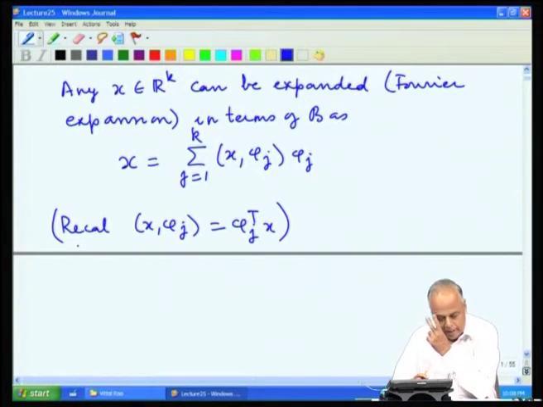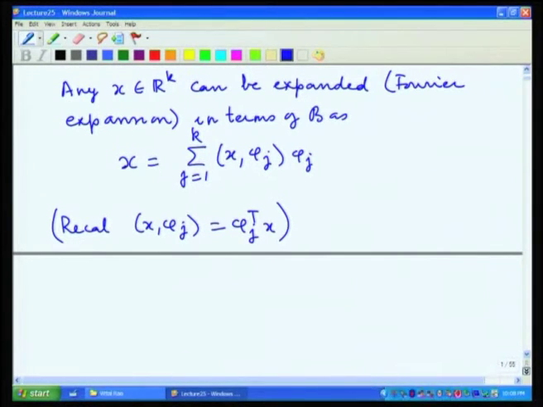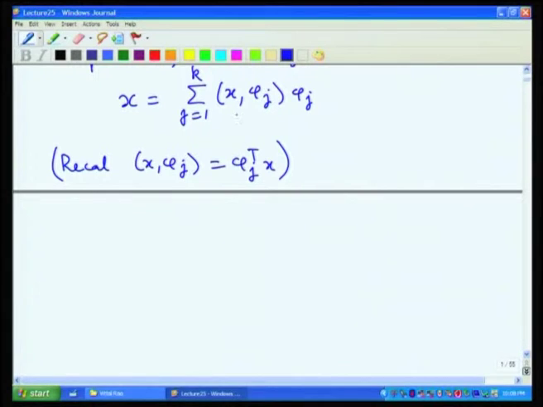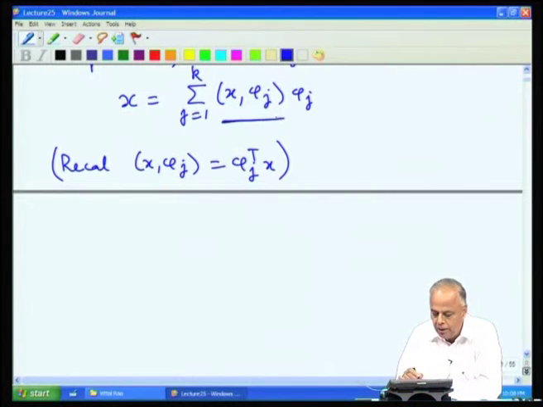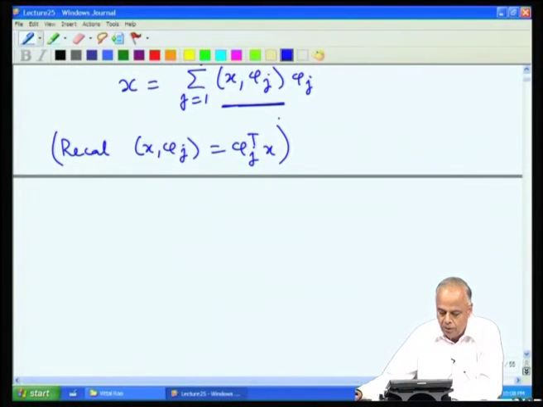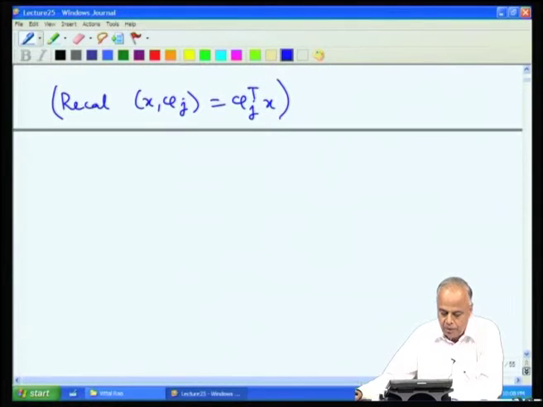So every vector x can be expanded as a linear combination of the orthonormal basis, and the coefficients are easily obtained as the inner product of x with phi j. This was one of the important things that we got out of this idea of orthonormal basis.